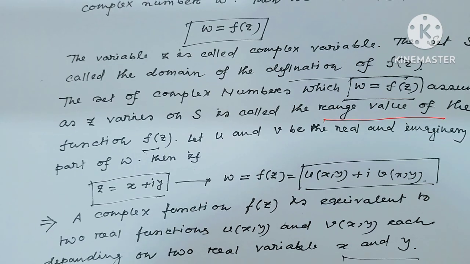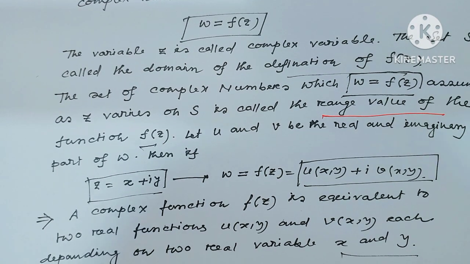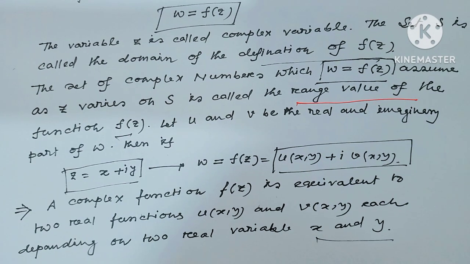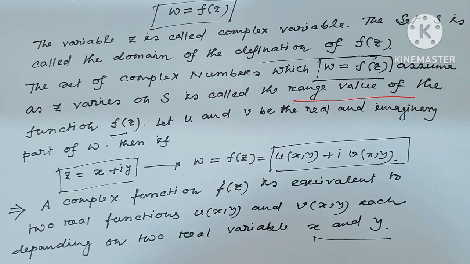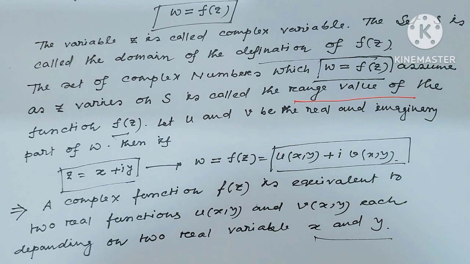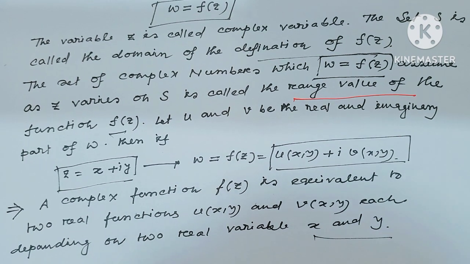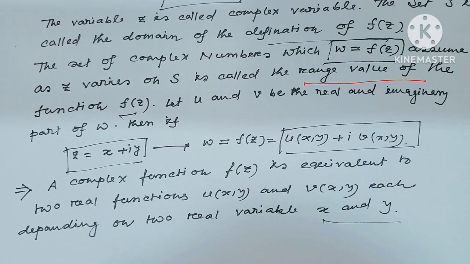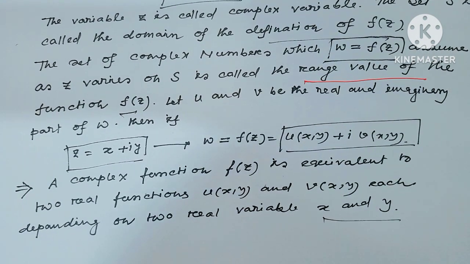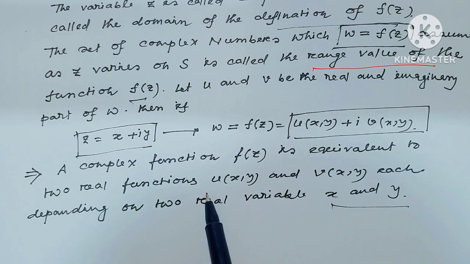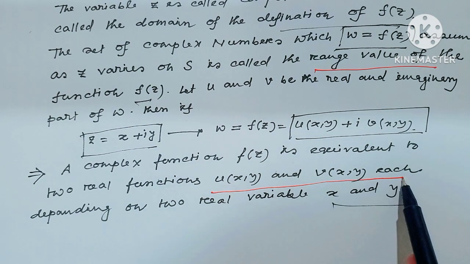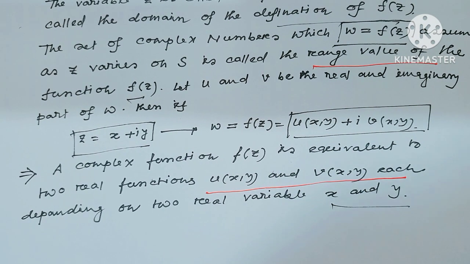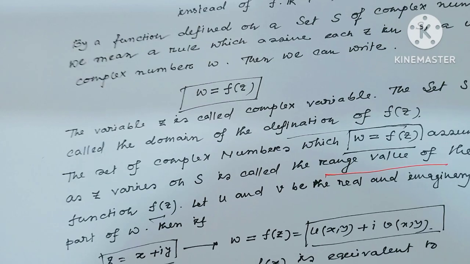Then if z equal to x plus iy, it maps to w equal to f(z), where f(z) equal to u(x,y) plus i v(x,y). That means a complex function f(z) is equivalent to two real-valued functions u(x,y) and v(x,y), each depending on two real variables x and y.